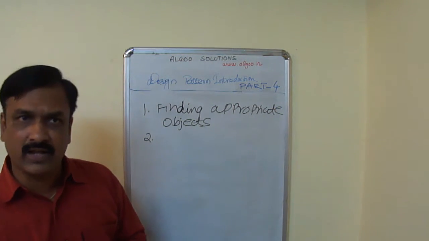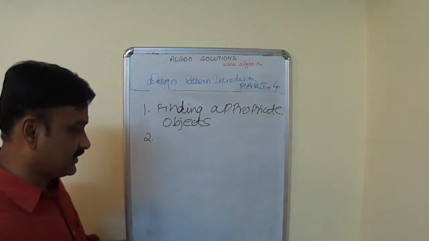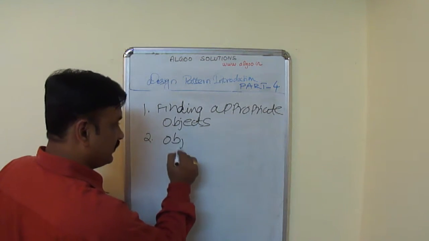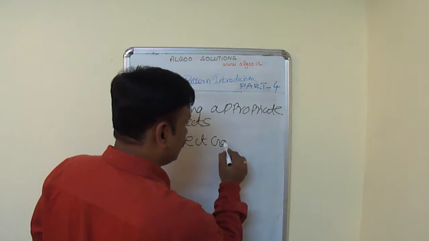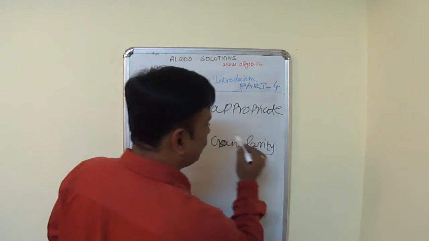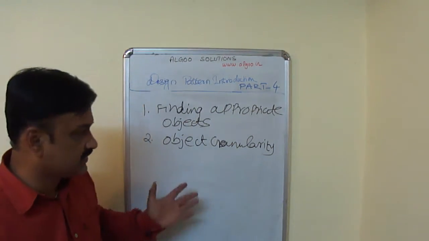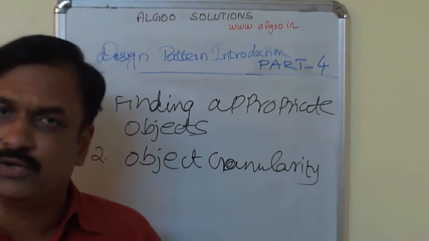Now, what's your granularity going to be? To decide this, patterns such as facade can help. Object granularity can be decided, or some idea of this can be obtained, if you look into the design patterns.